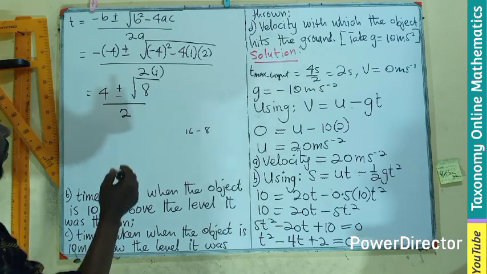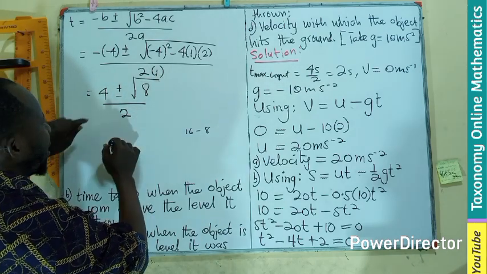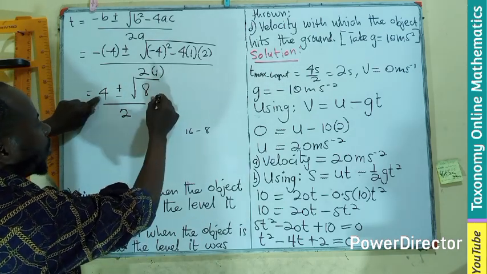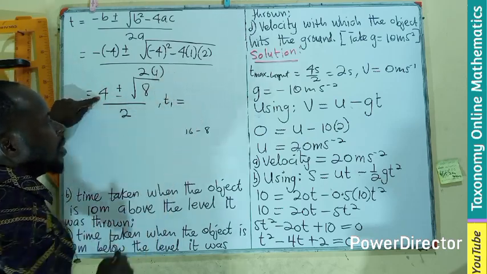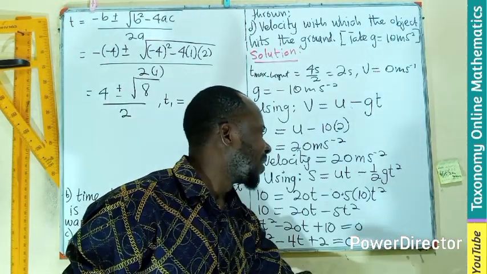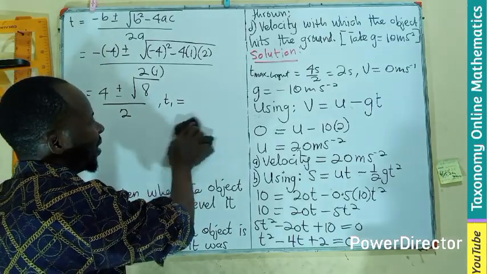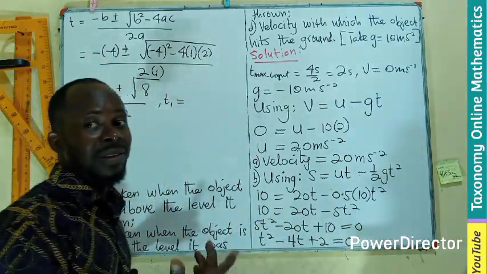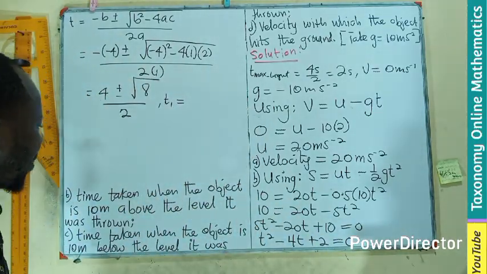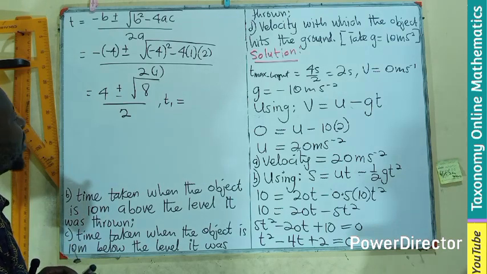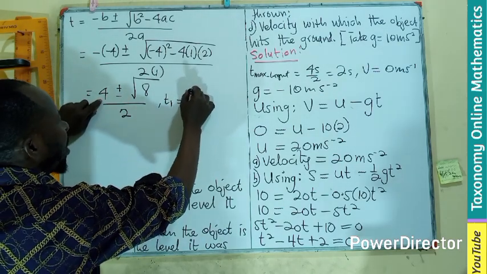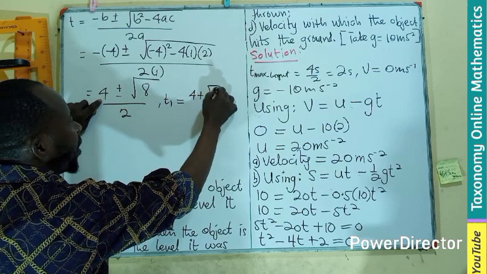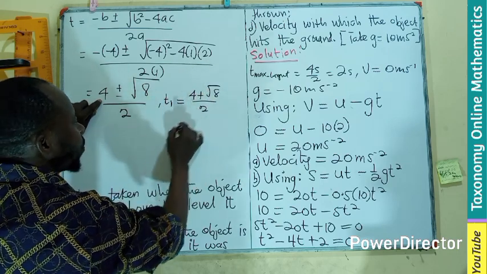How do we do this? This is going to be the first value of t. Can I say t1? Because of the space I'm having, I'm restricted in writing some of the steps because the space is too small. So let's say the first time will be 4 plus root 8 divided by 2.